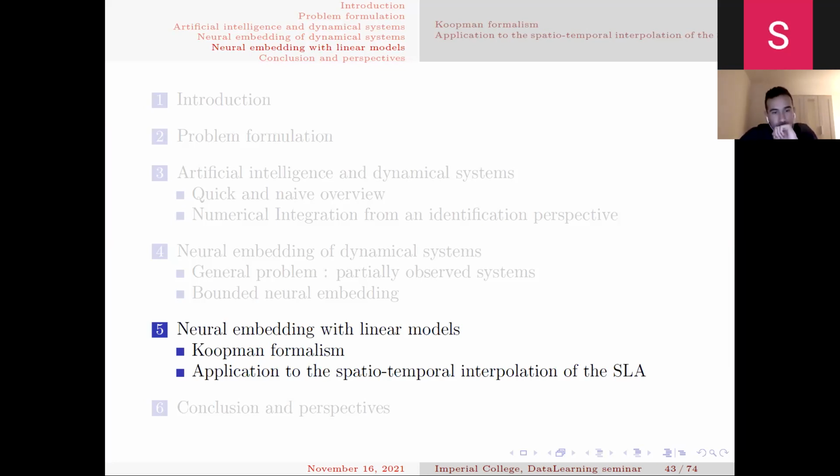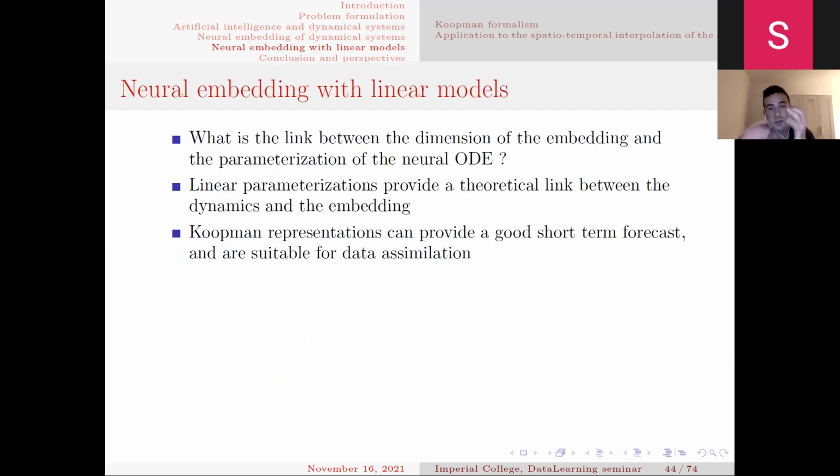So moving now into neural embedding with linear models and with some applications to spatiotemporal interpolation or data assimilation. After this work, we started investigating the link between the dimension of the embedding and the parameterization of the neural ODE model. We then figured out that linear parameterizations provide a theoretical link between our framework and the derivation of the stable modes of the Koopman operator, which is a linear operator.